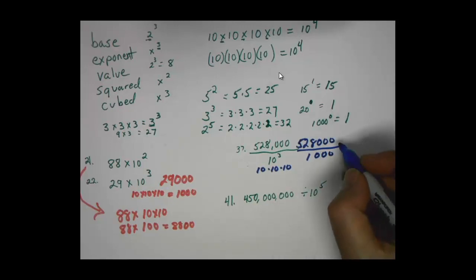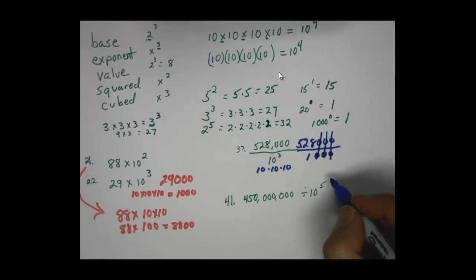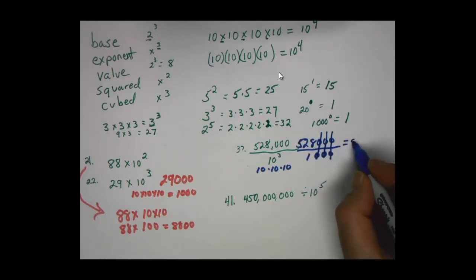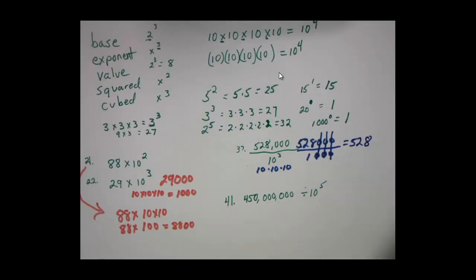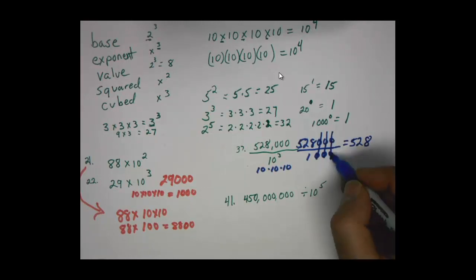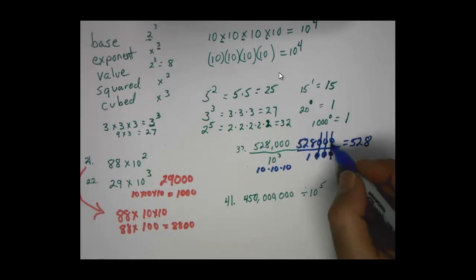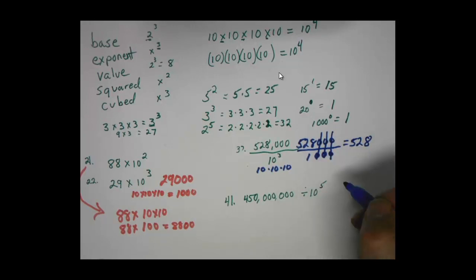And then we can simply reduce. 0 on the top can reduce with 0 on the bottom. So how many thousands is 528,000? Well, 528. So that's kind of that shortcut method for dividing by a power of 10. It cancels out the number of zeros.